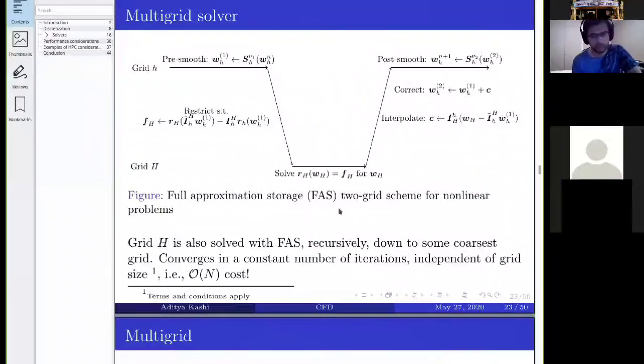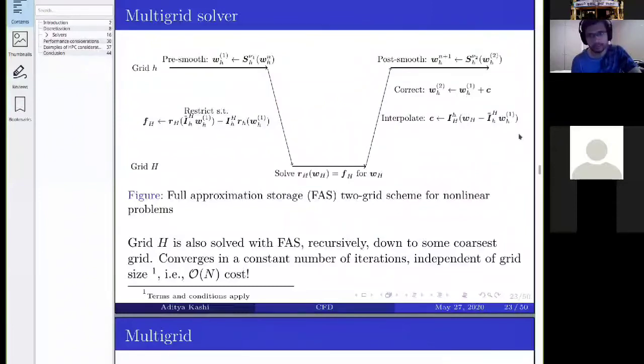Suppose we can solve this somehow, then we can prolongate or interpolate the approximate solution back to the fine grid. Actually, we prolongate the error to the fine grid.